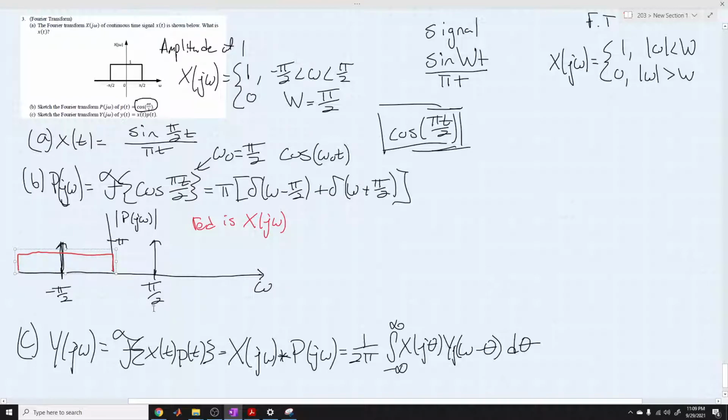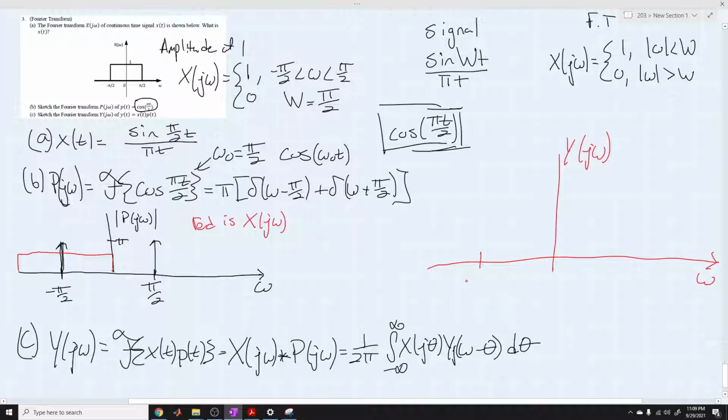the result from convolving the box and the left impulse is going to be a box that is a length of pi, because we have pi over 2 right here, and then we're going to have a pi over 2 over here. So if I drew here's Y of j omega. I guess we don't need the magnitude because it's all positive anyway, so let's just leave it as that, and this is omega.